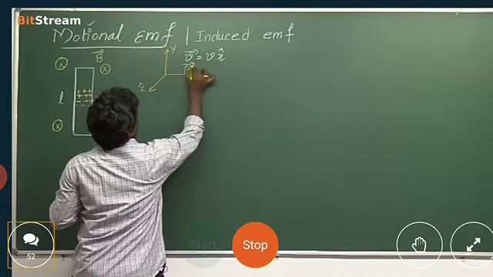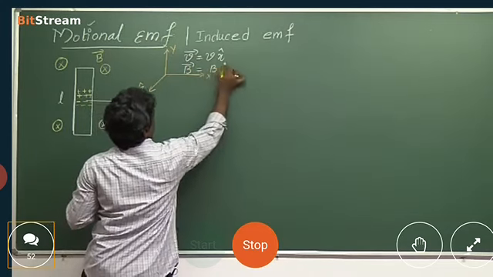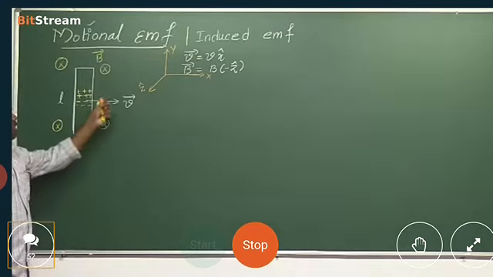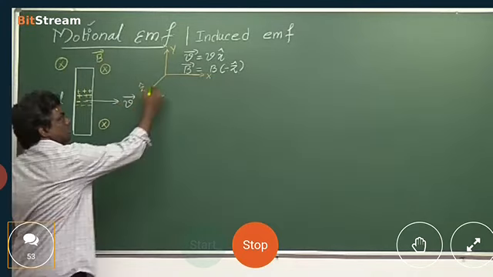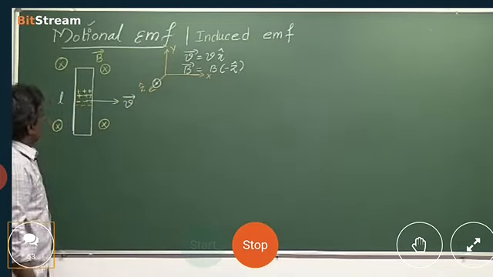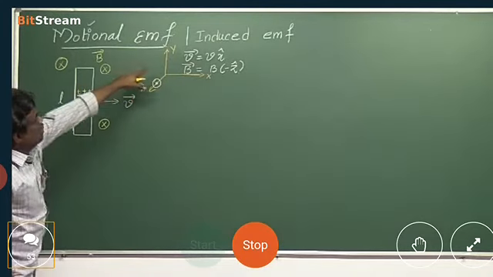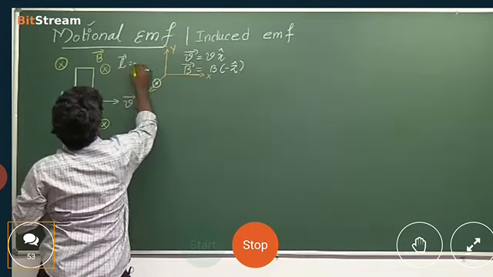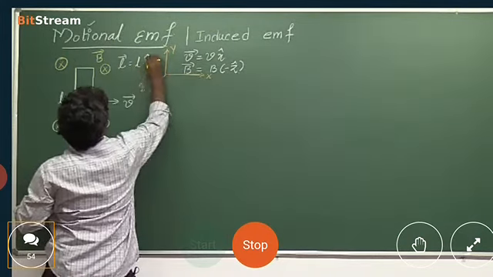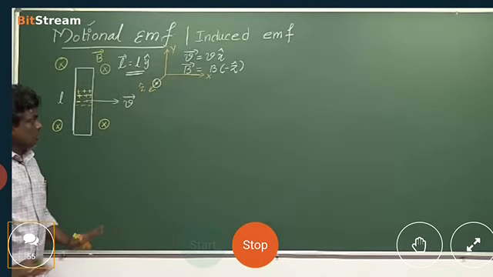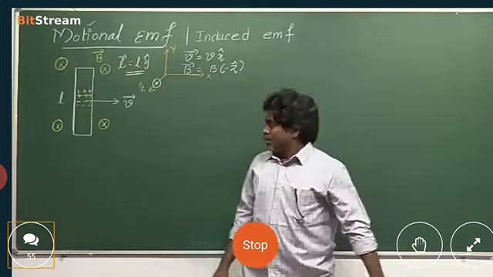That's why your B bar is equal to B, which cap? Minus Z cap, because out you have taken Z. Next, length. Length is along which cap? Y cap. So L bar is equal to L Y cap. Good. So this is the situation.